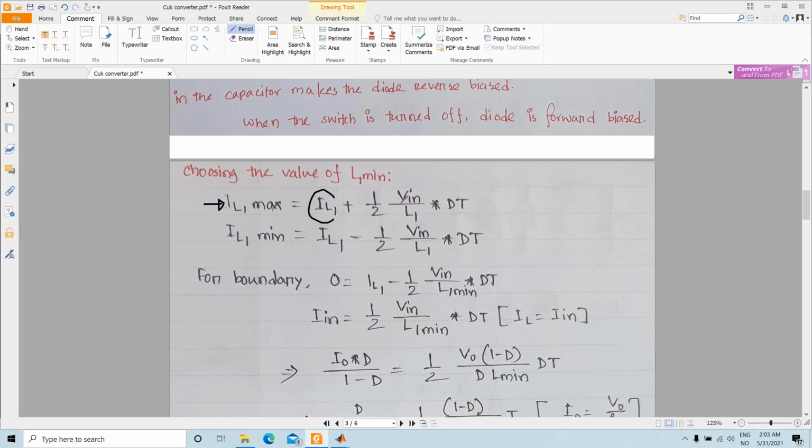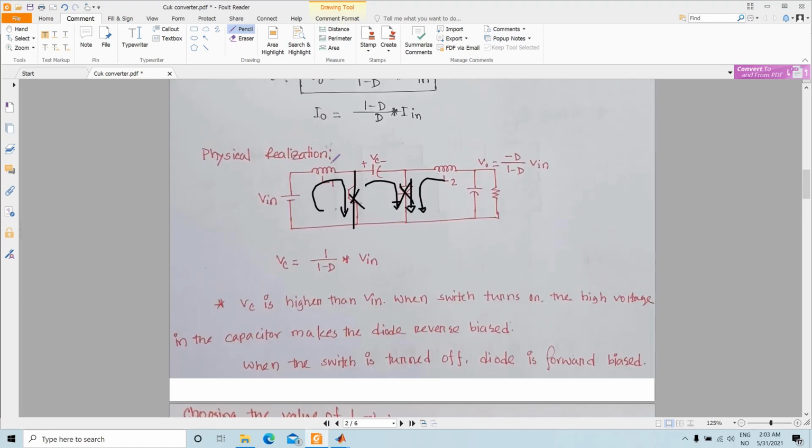So this comes again from the slope equation. This is the slope which comes from the L di dt formula, because if you look at here, L di dt is the voltage across the inductor, or VL.